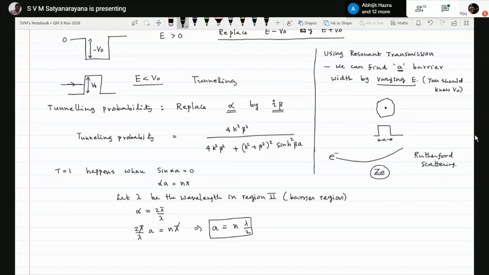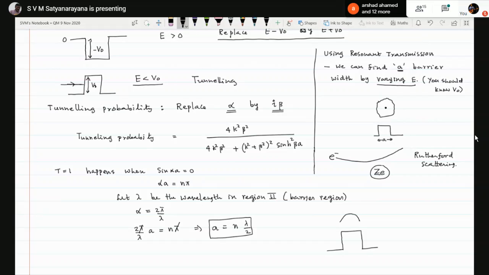Okay, a is equal to n times lambda by 2. Now if you look at this barrier region, let's say n is equal to 1, that means for the energy for which n is equal to 1, this wave looks like this, correct? This is half the wavelength equal to a.